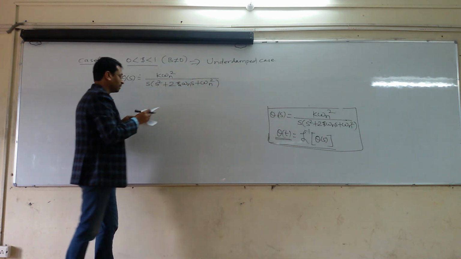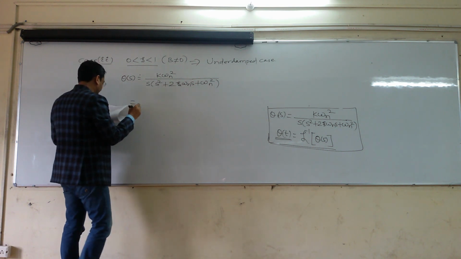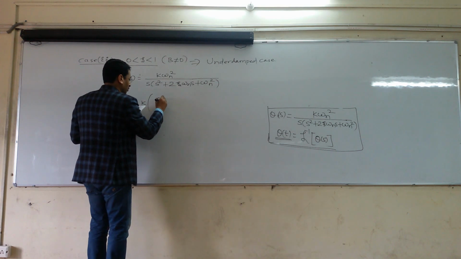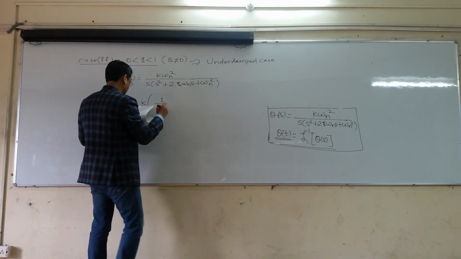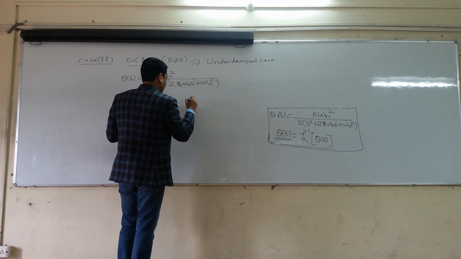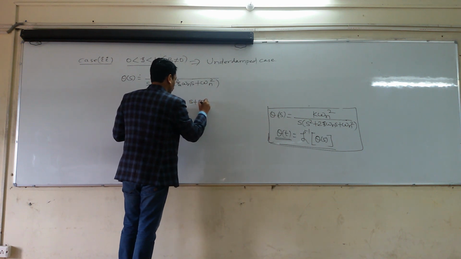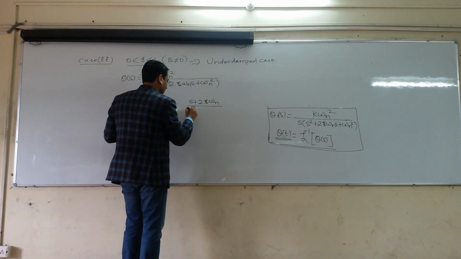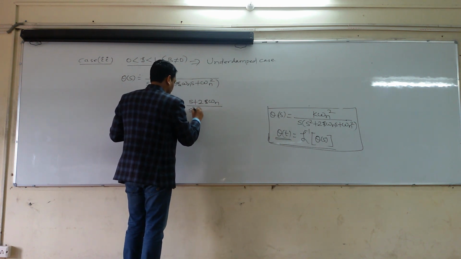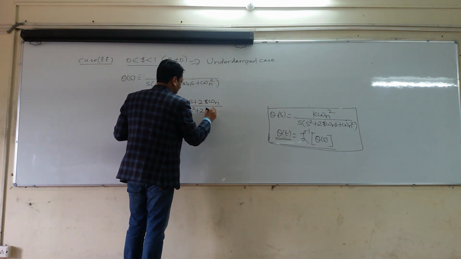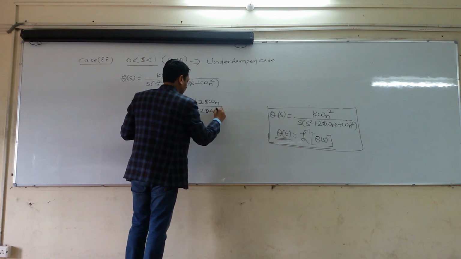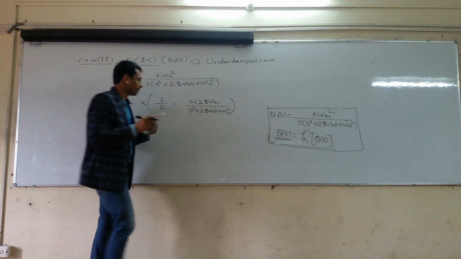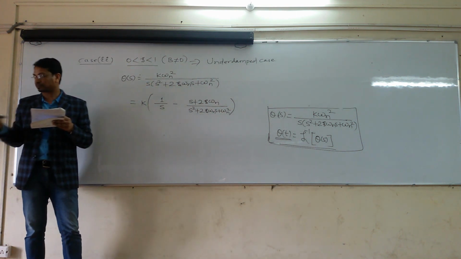Correct? Now we are going to break it into something like K times 1 upon s minus (s plus 2 zeta omega n) divided by (s square plus 2 zeta omega n s plus omega n square). Correct?